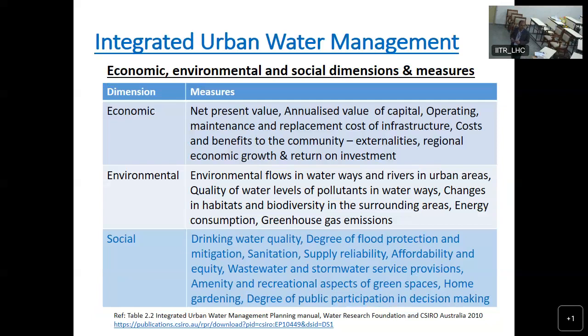My question is about the environmental effect. This integrated urban water management, in the scenario where water is taken from urban cities, recently urban cities are getting flooded.